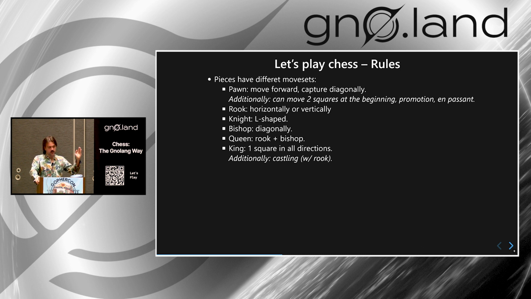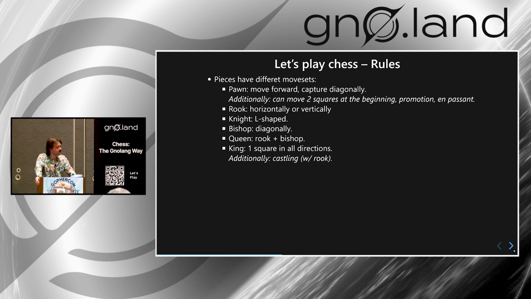The rook moves horizontally and vertically. The knight moves in L-shaped patterns. I'm assuming you know what I'm talking about, but essentially 2 squares in one direction and 1 square in a perpendicular direction, or vice versa. The bishop moves diagonally. Some of you may know that in games based on squares, diagonals seem like a bit of a way of cheating, because you're not traversing 1 square, you're traversing the square root of 2 of squares, but that's besides the point.